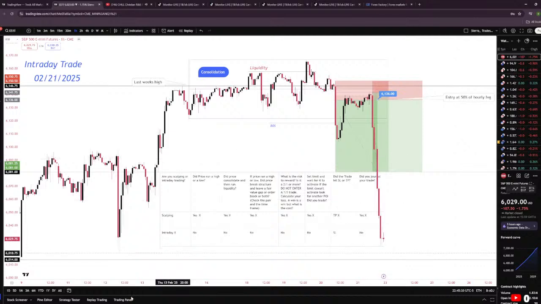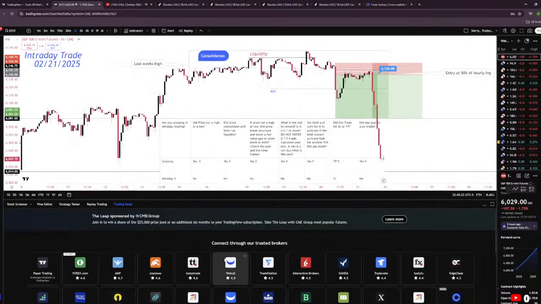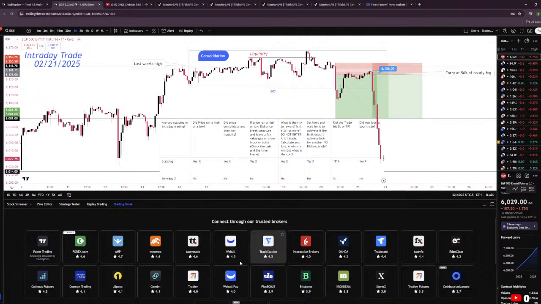Yeah, like right here. So if you go down to trading panel, so Forex.com is a Forex broker. I'm not sure about AMP. I know Tasty Trade is futures, Webull is futures, TradeStation is futures, Oanda is Forex. I'm pretty sure Tasty FX is Forex.